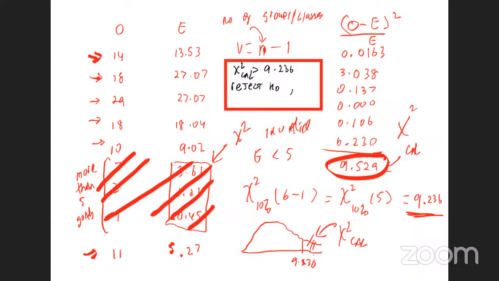We reject H naught and say that the number of goals cannot be modeled. I don't have any more space. So put cannot be modeled by Poisson with parameter 2. That's it. That is what you're trying to prove.